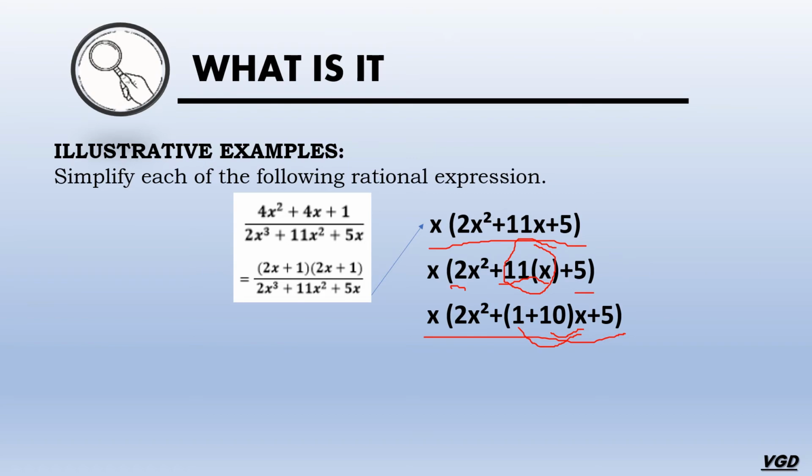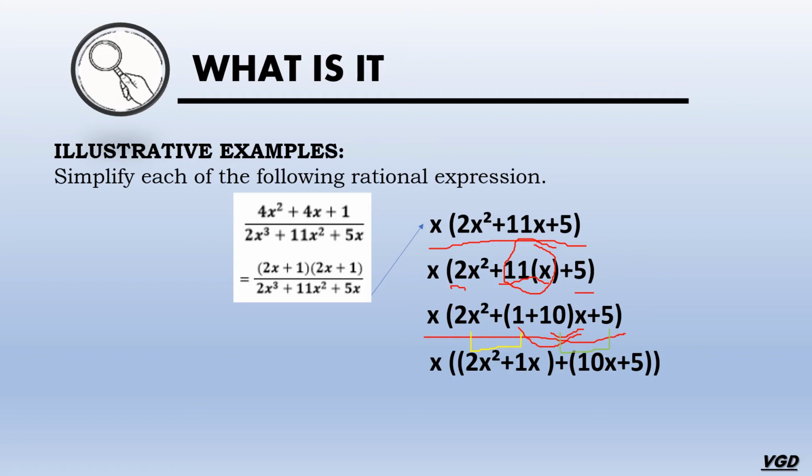So in this case, we can already factor this out by grouping. So how are we going to do that? All we have to do is just to factor out the first term and the second term, and then factor out the third term and then the fourth term. So it will now become like this.